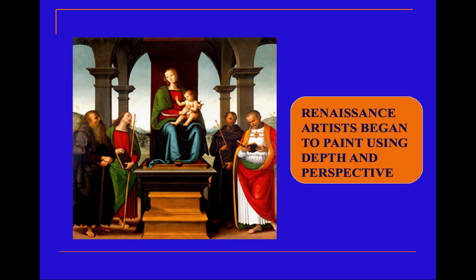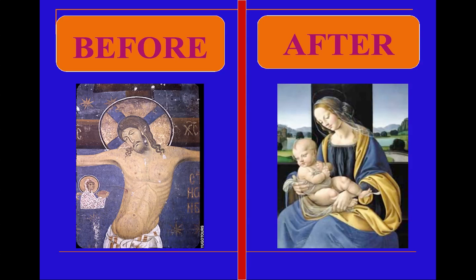And so the Renaissance artists begin to not only experiment with their perspective, but also with the type of paint being used. So before they had a not quite as sophisticated palette of colors. And in the Renaissance, they started to experiment with different colors.